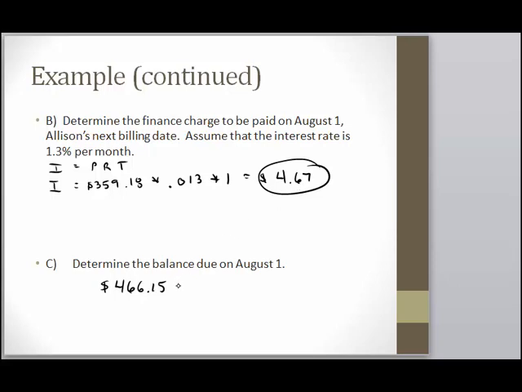And we have this finance charge that has accrued during the month of $4.67. So we're going to add those two together to get our balance due. And so we would have $470.82 as our balance due on August 1st.